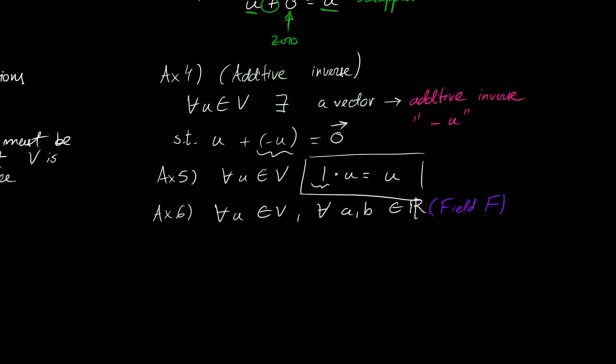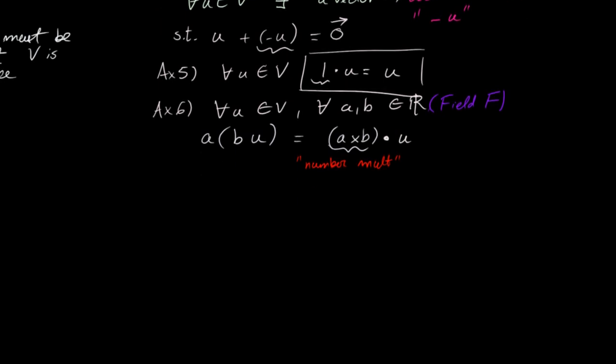So it says that for all vectors u in V, and for all scalars a and b, if we do a scalar multiply b scalar multiply u, then it comes back to the same thing as doing a times b, which is just a multiplication in numbers, a number multiplication, scalar multiplied, so I'll do a dot for the scalar multiplication, dot u. Okay.